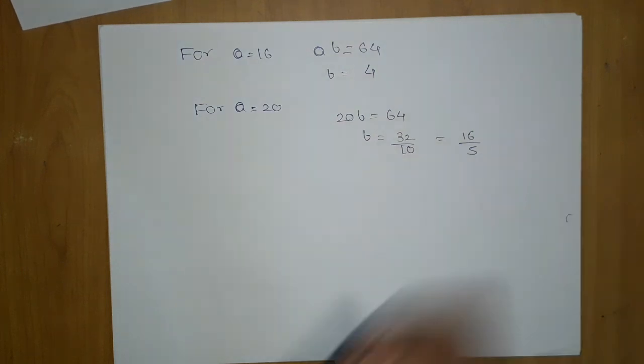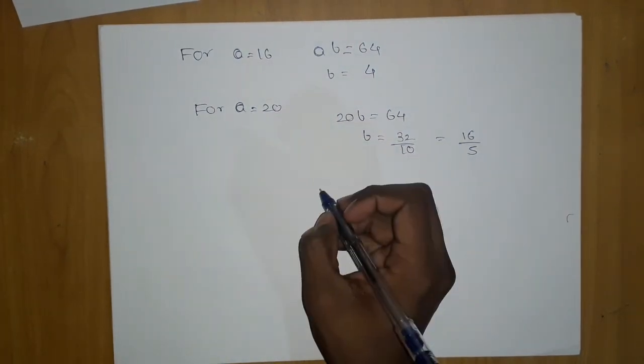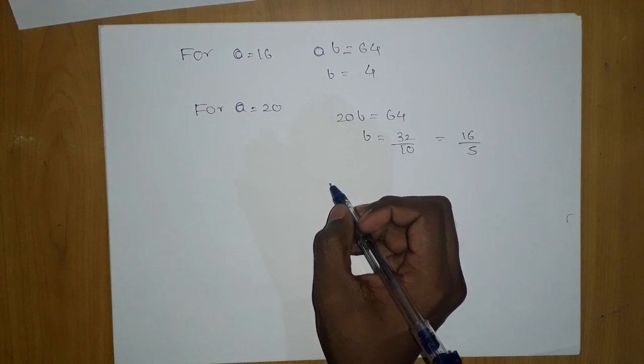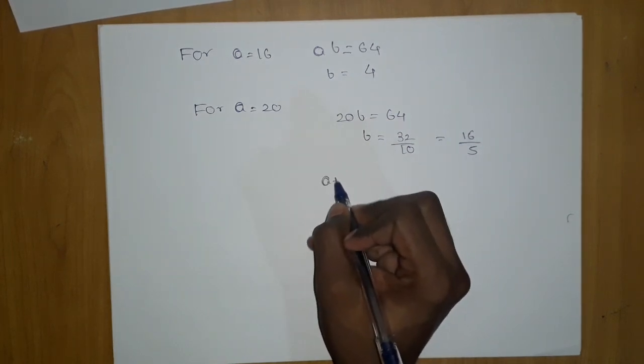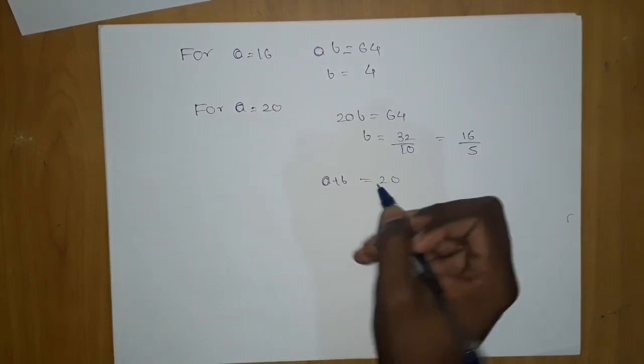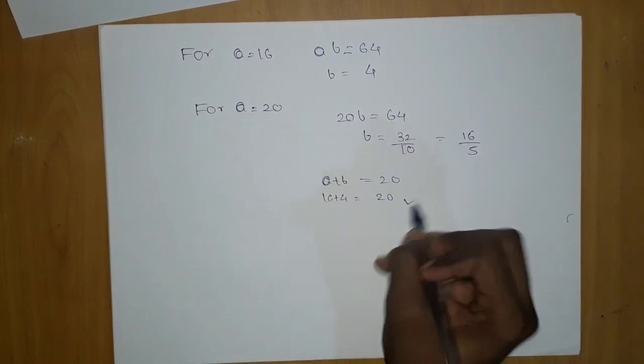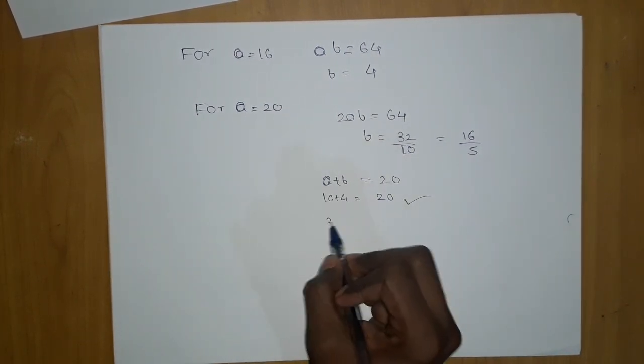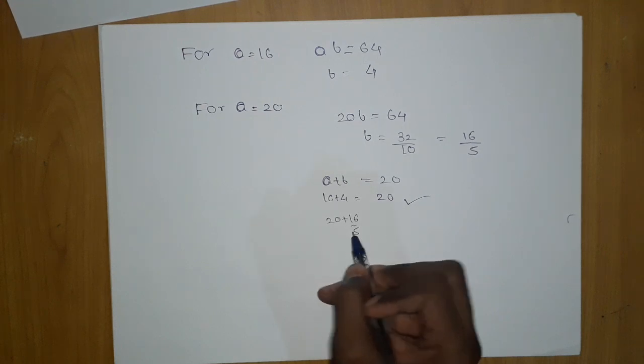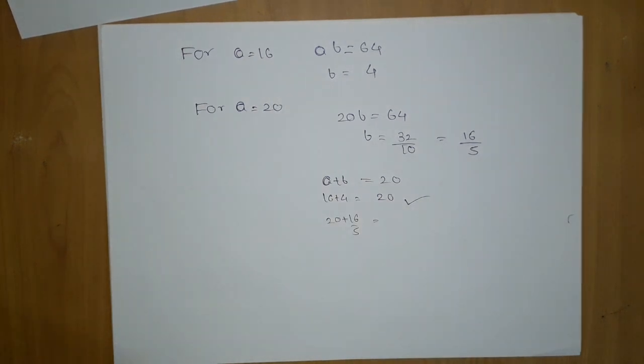Okay, now let's check, do they satisfy this condition? A plus B should be equal to 20. Which one satisfies the condition? 16 plus 4 is equal to 20, right? Now 20 plus 16 by 5 is equal to 20?